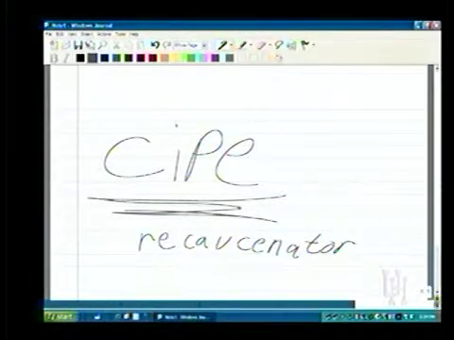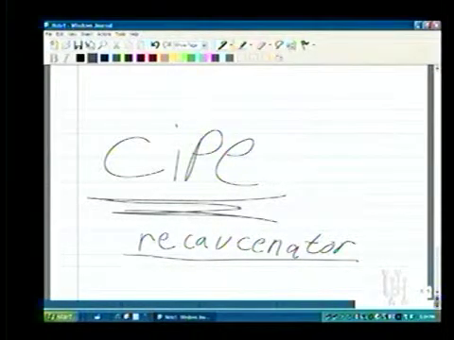This is a very famous tool used by plumbers. Pronounce it for me. It's a recalcinator. How come it's not a recepcinator? Everybody thought recalcinator. By the way, I lied. It's also not a word.